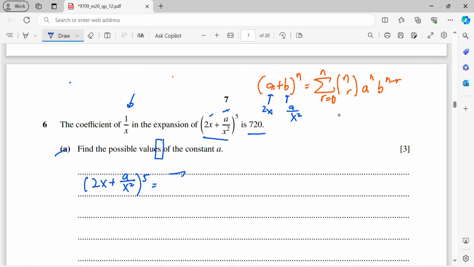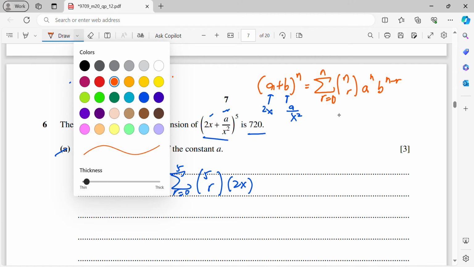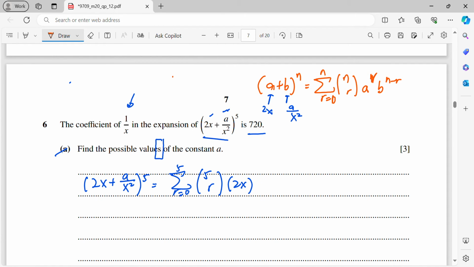So it will be summation r from 0 to 5, 5Cr, first term to the power r. Then the second term, a over x squared, to the power of 5 minus r, according to the formula for binomial expansion.